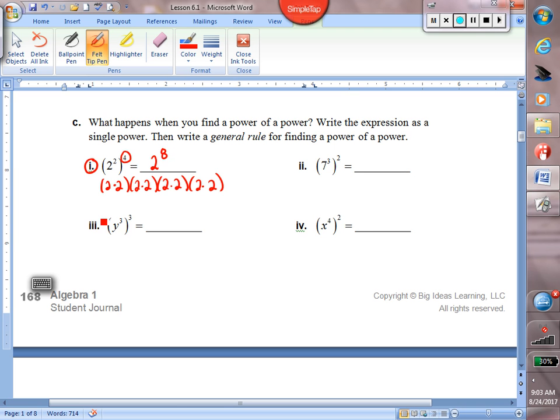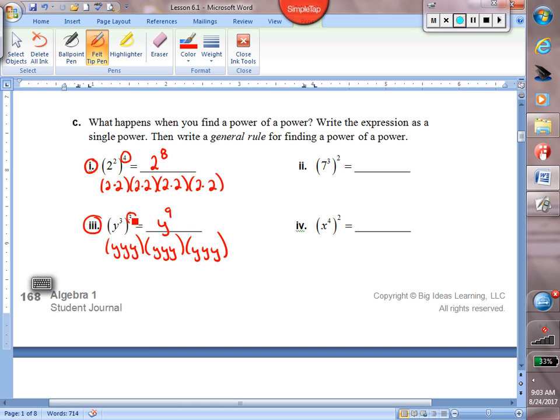Let's take a look at part 3. Y to the third power means y times y times y. Then the outside exponent says, hey, wait a minute, you have to do that 3 times. So I end up with y to the 9th. I end up with 9 y's.